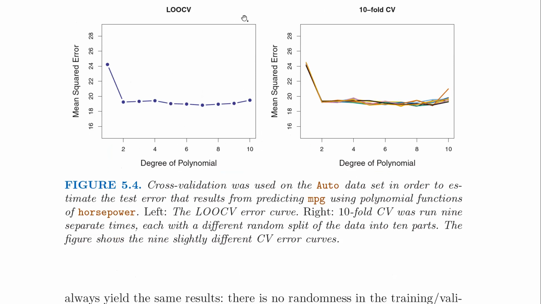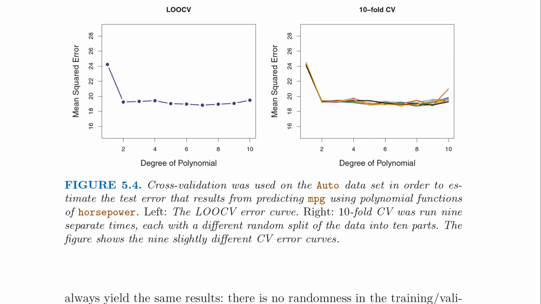Okay, so this was leave-one-out. These are actually tenfold. So we're going to have 10 curves because we're going to split the data. Tenfold means you exclude 10% of the data: you fit on 90%, predict on 10%.